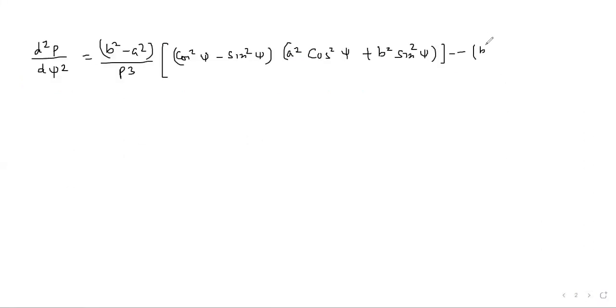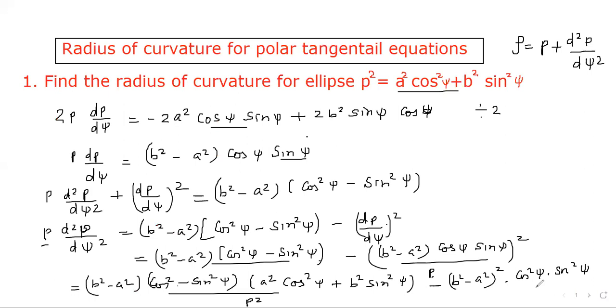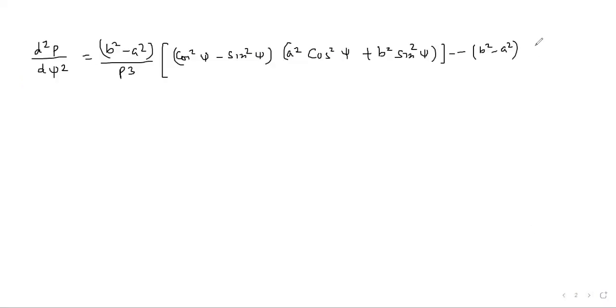So (b² − a²) times, and here we have to square this, so it is cos²ψ sin²ψ.